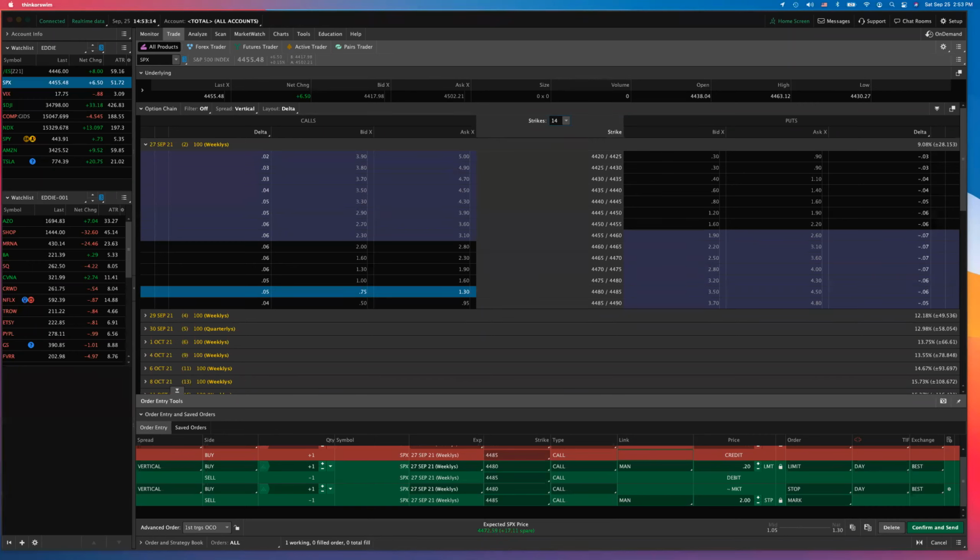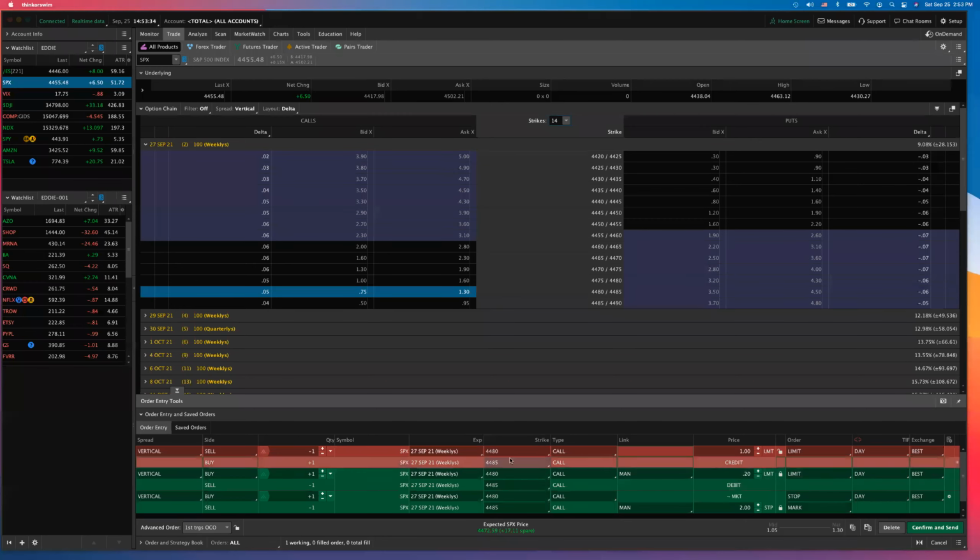That is what the system is calculating for me and saying that it is somewhere between 44.85 and 44.80, which is where my strikes are. And we discovered that it is $1 from the short leg, because that's how much premium I received.